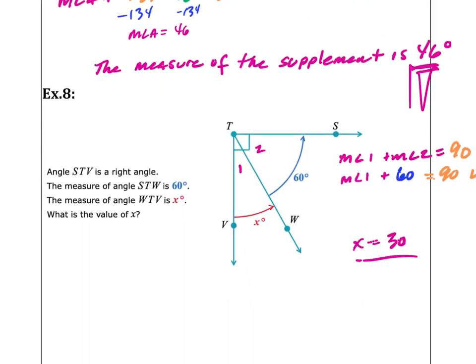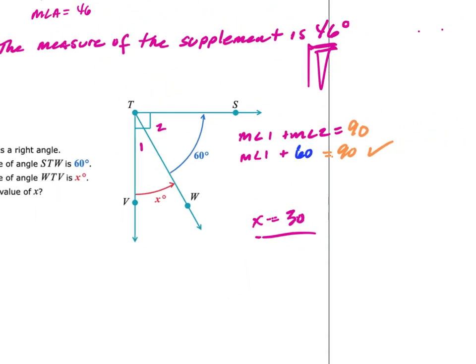And then example number 8, of course, we had that measure of angle 1. This symbol right here tells us these are 90 degrees. These two add up to 90 degrees, so we're talking about complements. So we're going to take away 60 from both sides, and we get the measure of angle 1 equals 30 degrees, which means x equals 30.